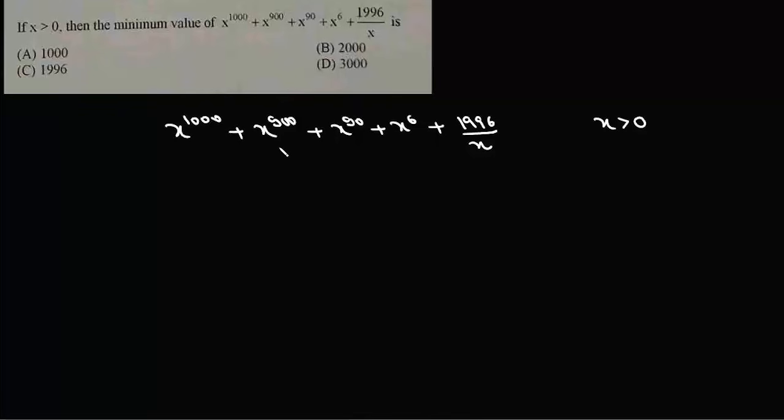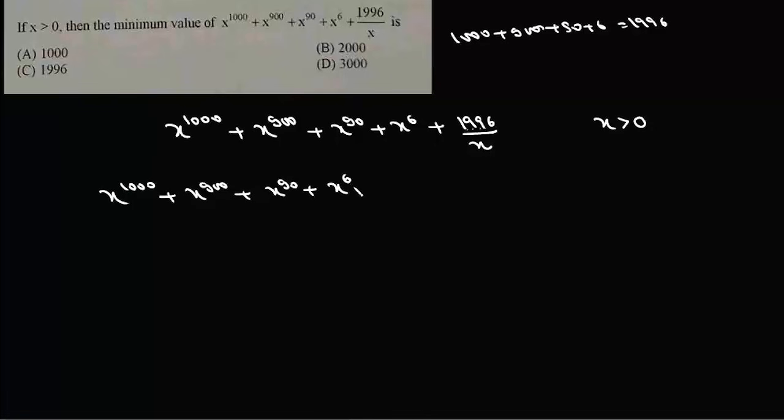Now if we look at the powers of x, and if we add all these powers, it will be 1000 plus 900 plus 90 plus 6, so it will be 1996, and we have this 1996 here. So what we'll do is, we'll write x to the power 1000 plus x to the power 900 plus x to the power 90 plus x to the power 6 plus 1 by x plus 1 by x plus 1 by x. We want to write it separately 1996 times.